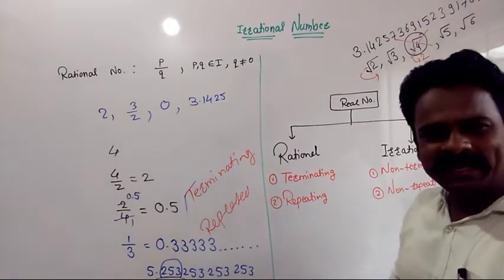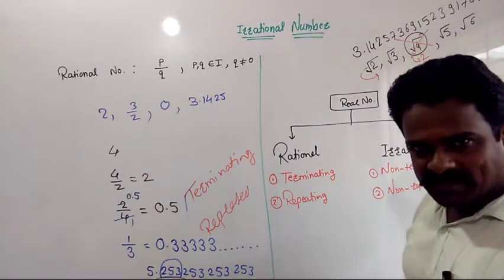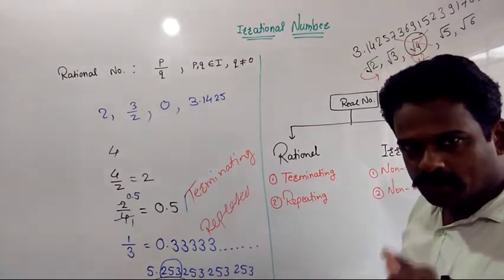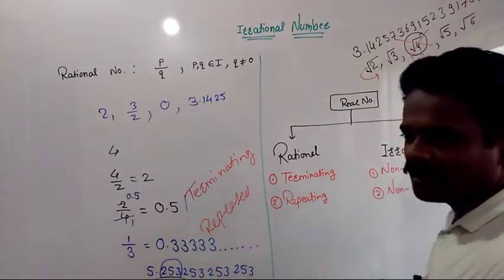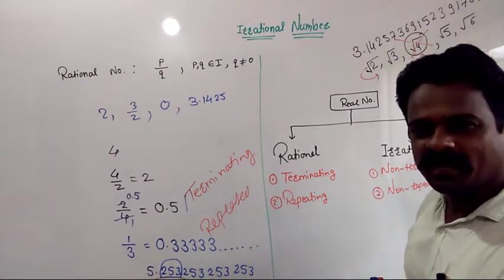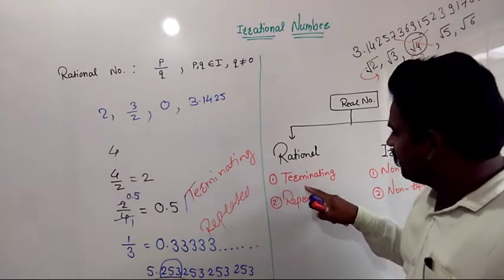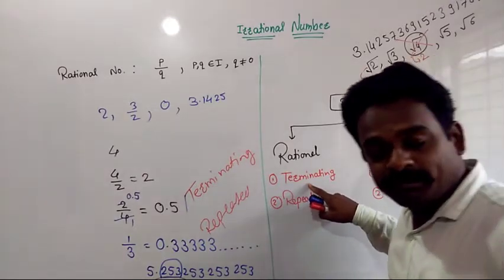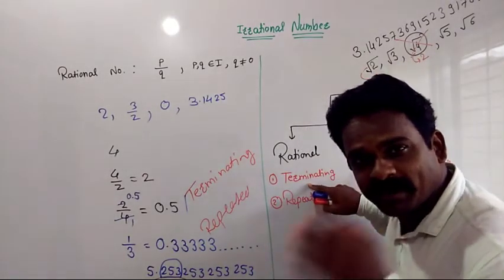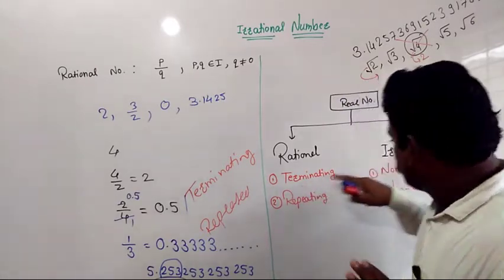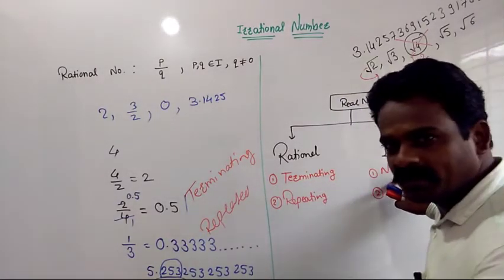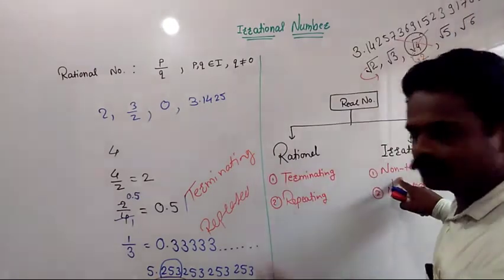This is about rational numbers and irrational numbers, and the difference between them. Rational numbers are terminating after the decimal point at some place. But irrational numbers are non-terminating; they go on continuously.